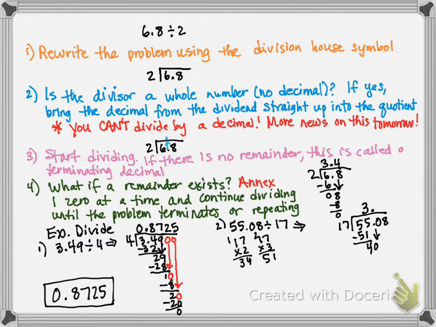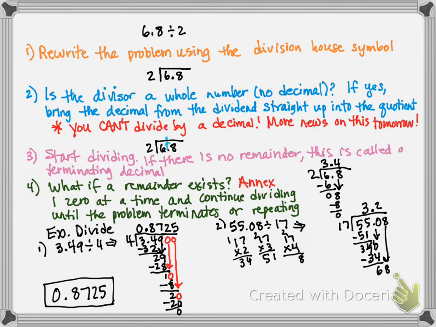So I bring down the next digit, 0. 17, let's see, well, 51 is too much, 34 is below that, so it's got to be twice, which is 34, and when I subtract, I get a difference of 6. Bring down the 8. Well, it's definitely bigger than 51, so I'm going to try 4.